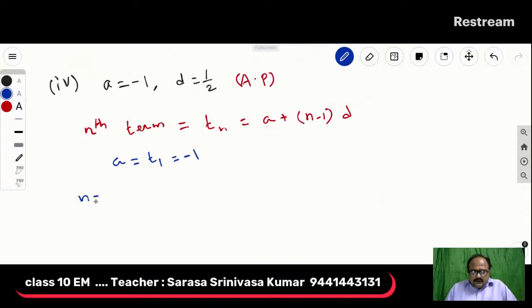With n equal to 2, this implies T2 equal to a plus d. This is equal to minus 1 plus common difference 1 by 2. So minus 1 plus 1 by 2, this is minus 1 by 2.